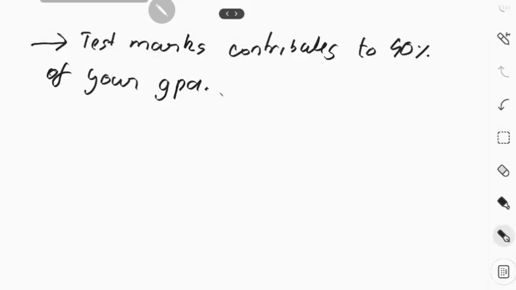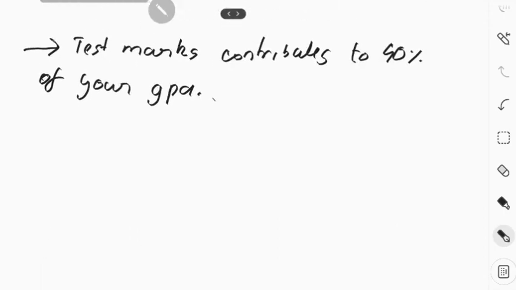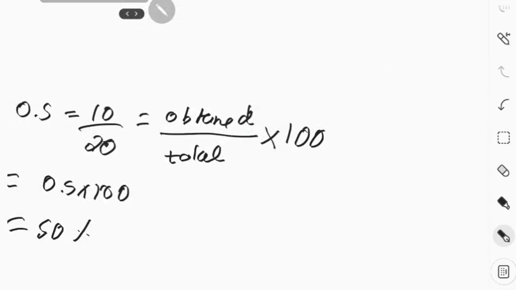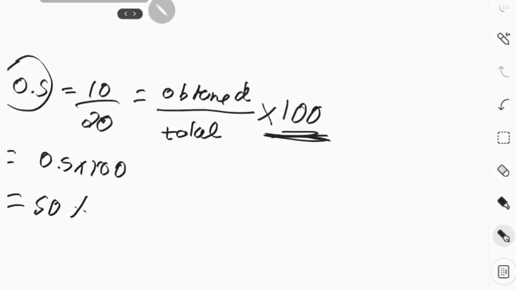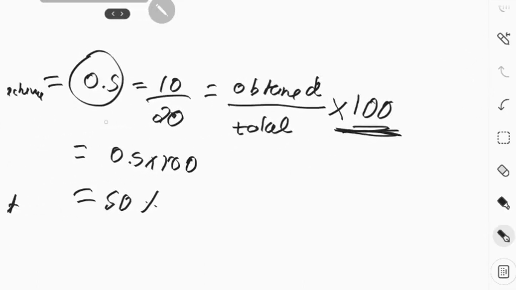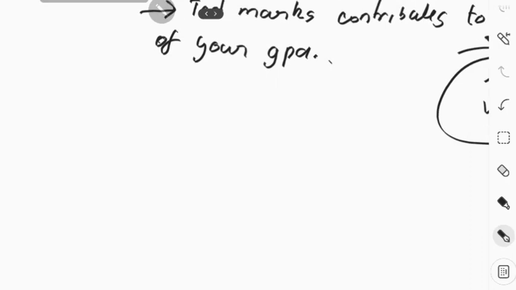So what you want to do here is, now you cannot multiply by 100 because you want to scale it to 40, not 100, because that's what you're contributing to. Over here, we wanted to scale our fraction by 100%. We wanted to get the marks out of 100.